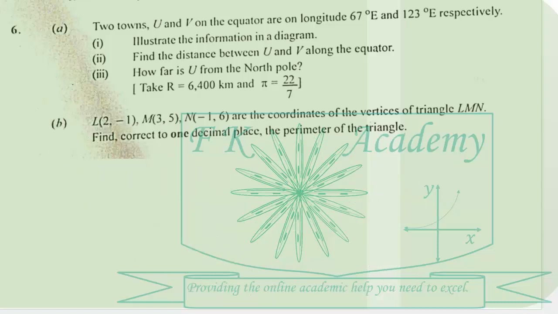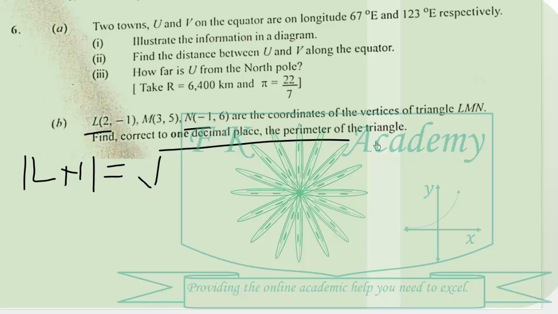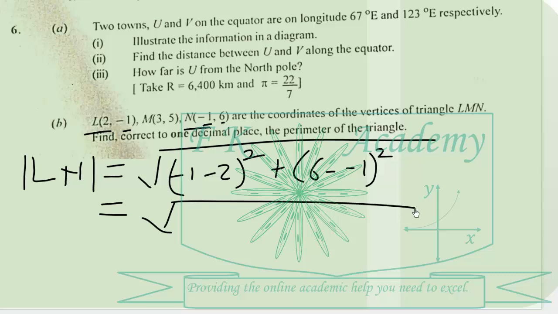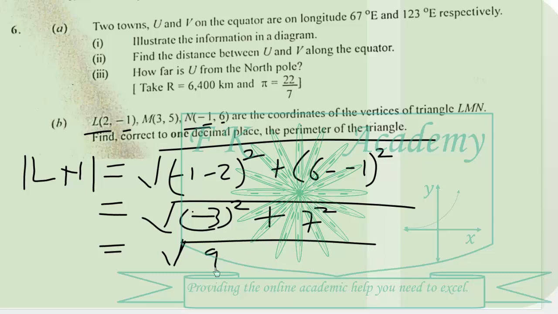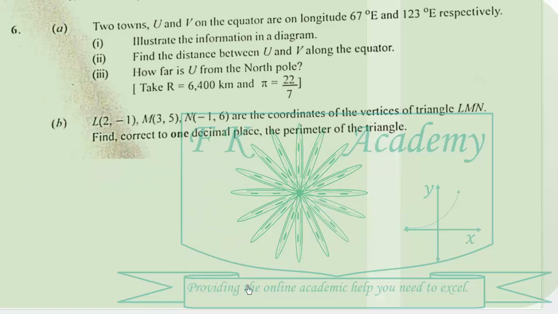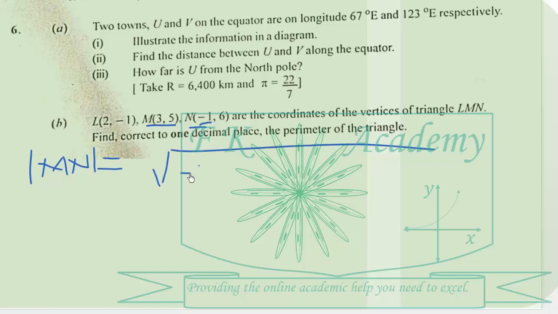Then we have LN, the magnitude of LN. This will give us negative 1 minus 2 all squared plus 6 minus negative 1 all squared, so negative 3 squared plus 7 squared. This will give us 9 plus 49, which is square root of 58. Then finally, the magnitude of MN will be equal to the square root of negative 1 minus 3 all squared plus 6 minus 5 all squared.